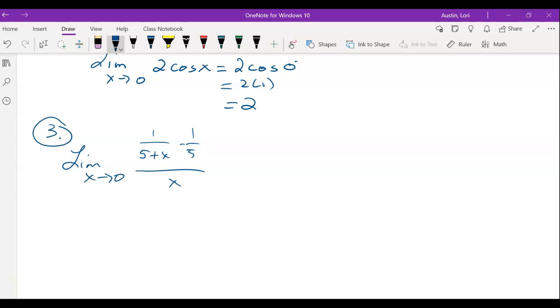You can take the time to subtract the numerator, and then do division by multiplying by the reciprocal, or you can do it all in one shot. That's the method I like to use. To do that, I find my denominators, not the x, the little denominators. In other words, if I can clear out 5 plus x and 5 from the problem completely, I won't have a complex fraction anymore.